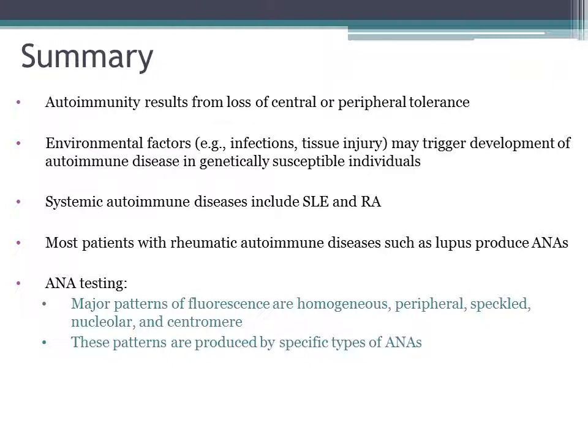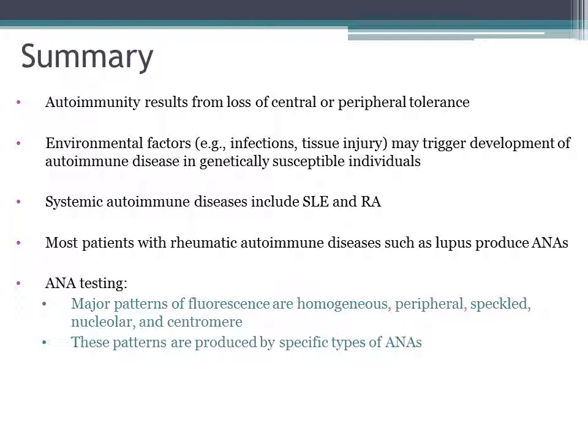ANA testing is often done with fluorescence testing, and when we use fluorescence, we're looking for the pattern of fluorescence, and the patterns include homogeneous, peripheral, speckled, nucleolar, and centromere. Some of these patterns are fairly specific to a given illness, but none of them are totally specific, and so there's a lot of overlap in patterns and illnesses. Often titer is an important clue for the doctor.